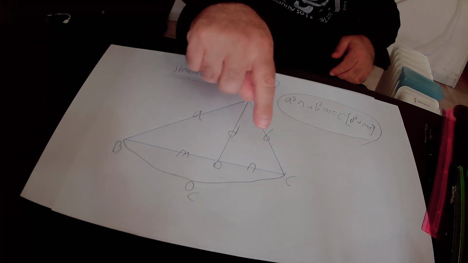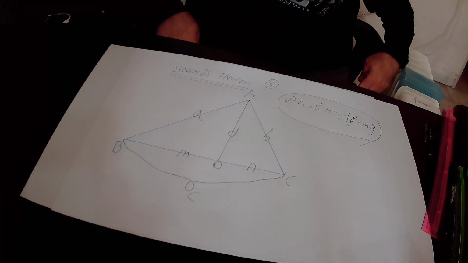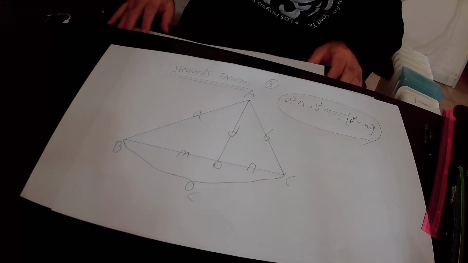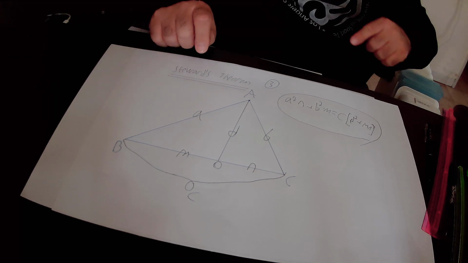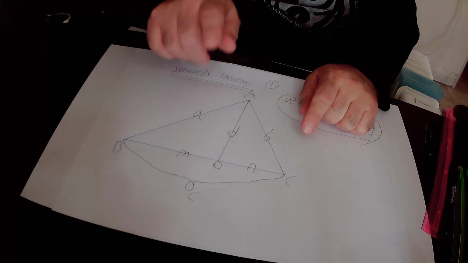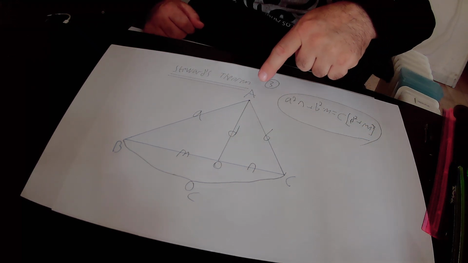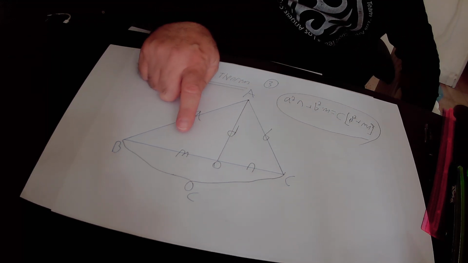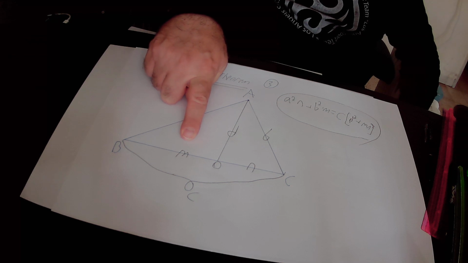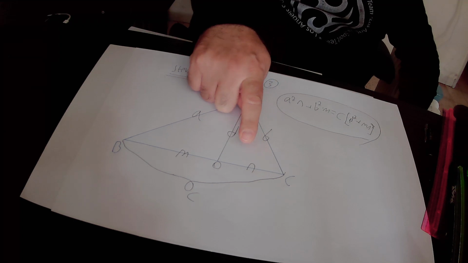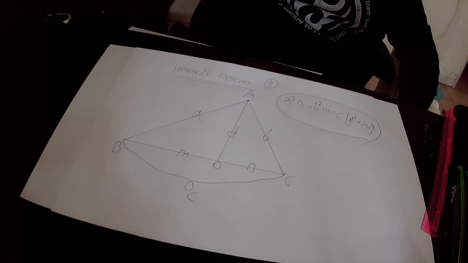So this triangle ABC could be any triangle. Side AB equals a units, side AC equals b units in length, and side BC of triangle ABC equals c units in length. Also we have line segment AO equal to d units. Line segment BO equals m units, and line segment OC equals n units in length. Then, according to Stewart's theorem, the following equation is true.